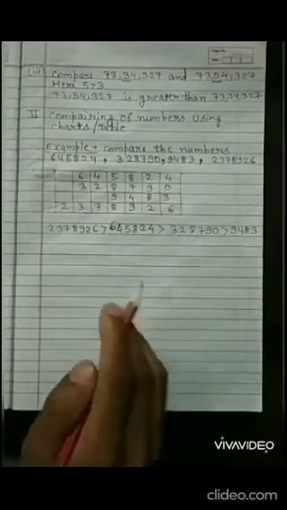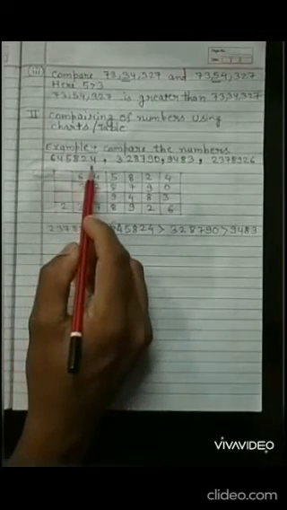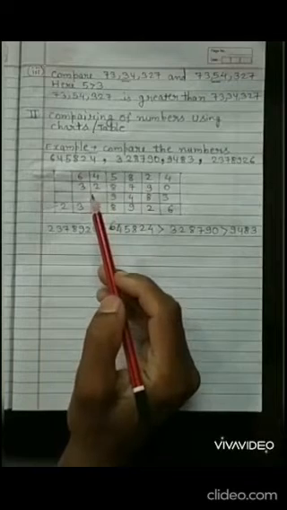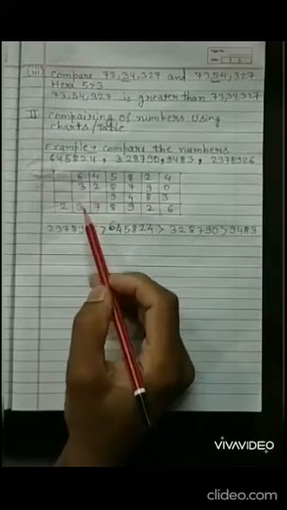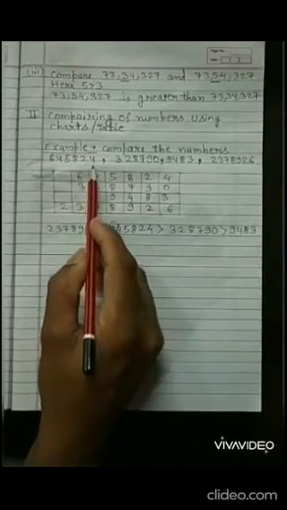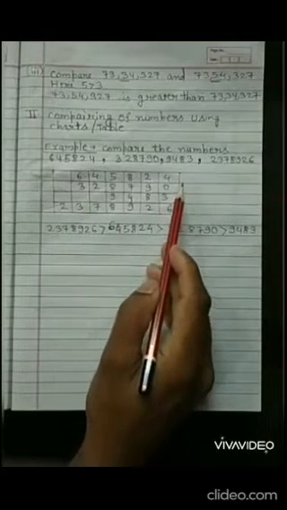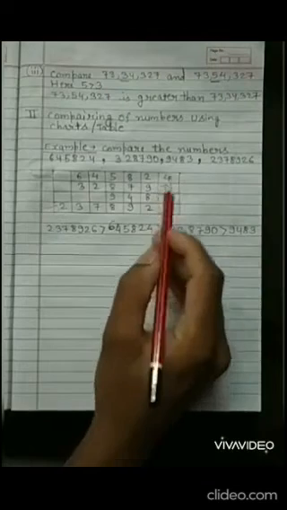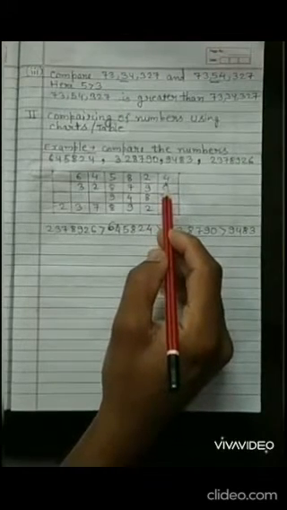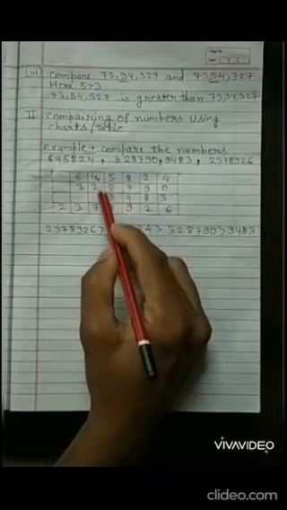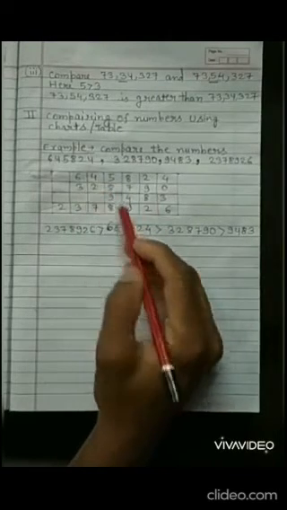First of all, we are going to put this number in this table. So we are going to put the digits of this number from the right side of the first row. So I have put the digits 4, 2, 8, 5, 4, 6.